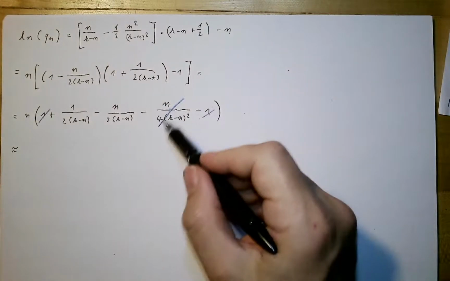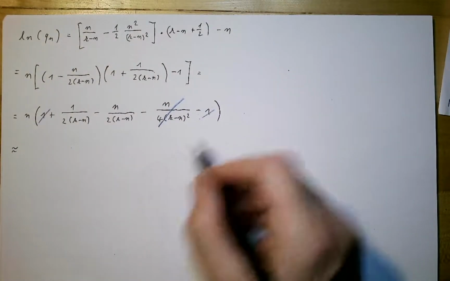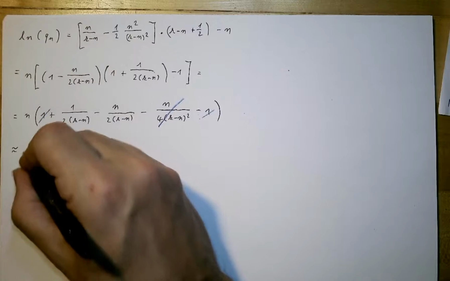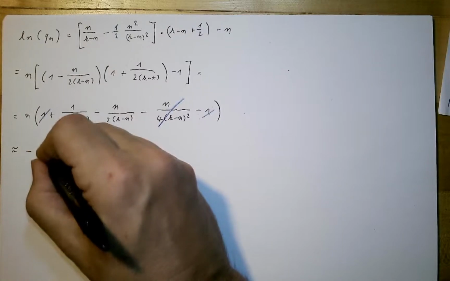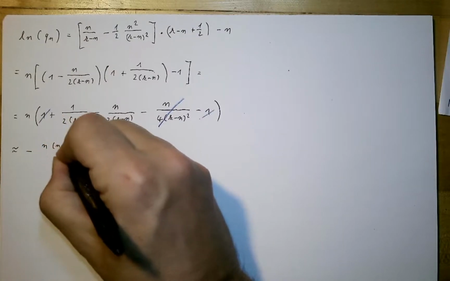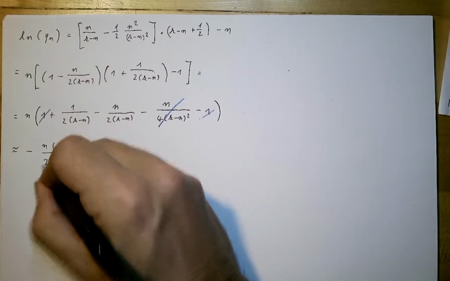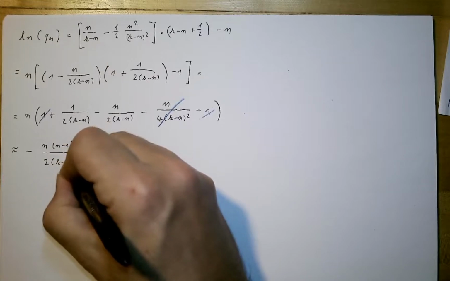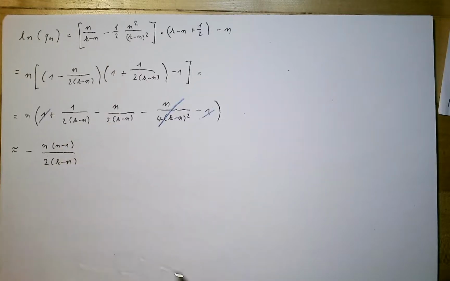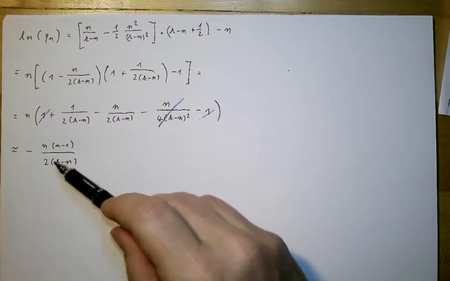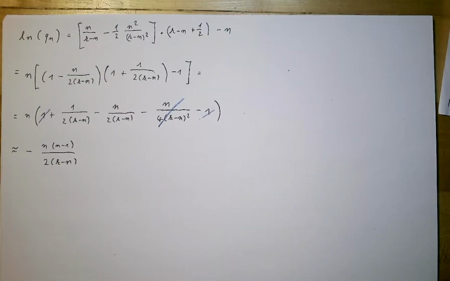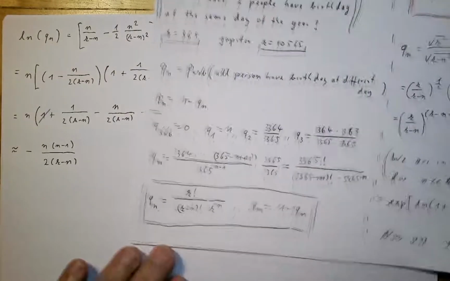Now we neglect the second order term here, and then this is now left as minus n times n minus 1 over 2 k minus n. And so you see we came a long way, but you see how we simplified the system.